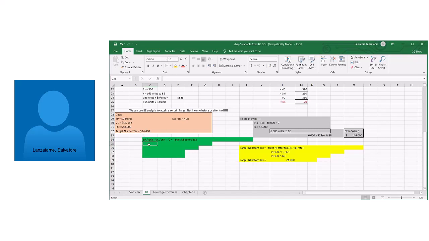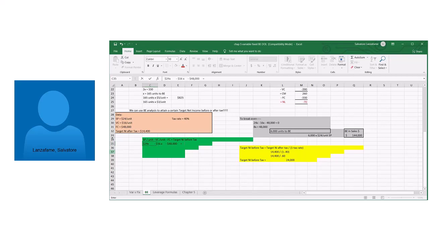Our selling price per unit is $24, and we want to subtract out our $16 per unit for variable costs. Then we're going to subtract out our fixed costs of $48,000, and we're going to set this equal. If it was break even, it would be 0.